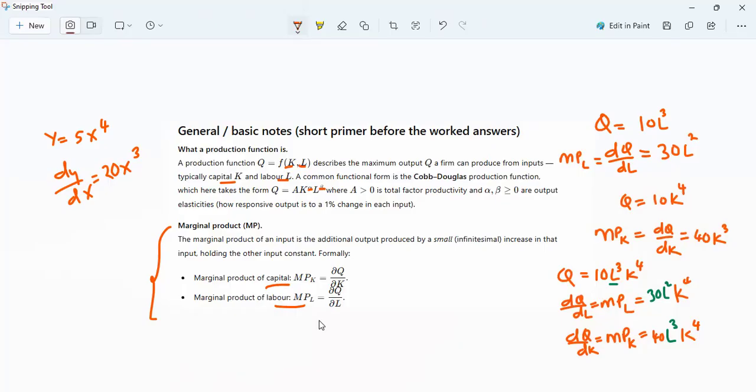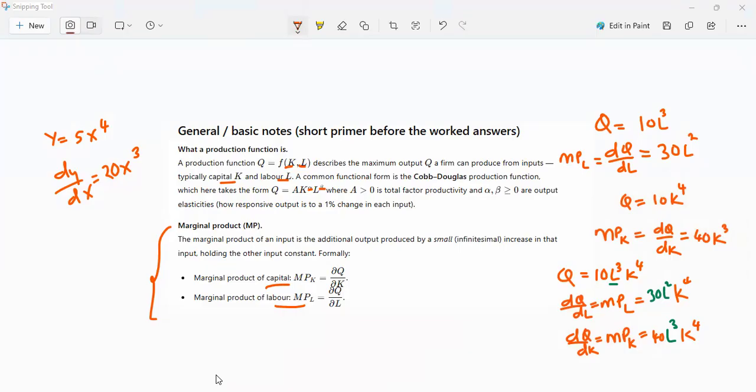So now we have learned how to differentiate. So let's just differentiate based on what we have learned so far before we go any further.